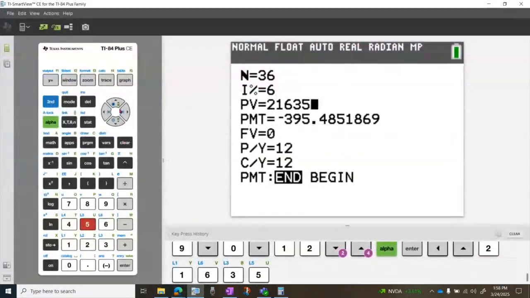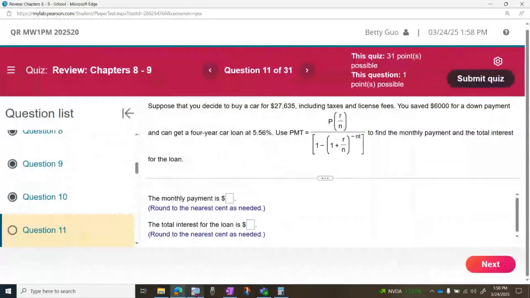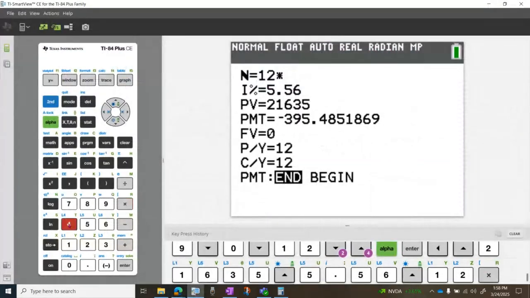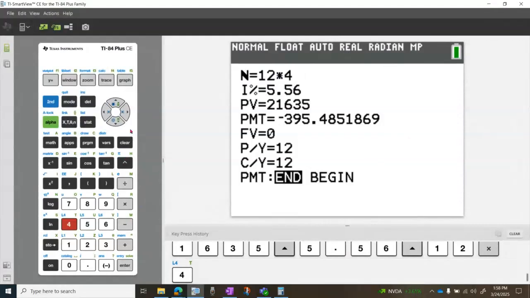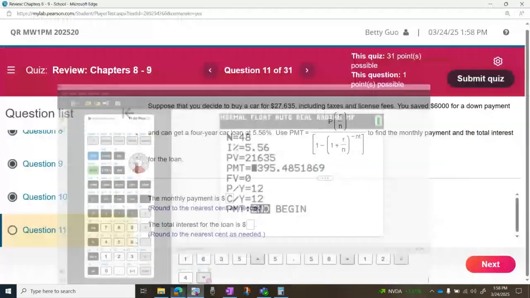And interest is 5.56. Capital N, 12 times a year. How many years is the loan? 4 years. Let me double check everything. 12 times a year for 4 years, so 48.